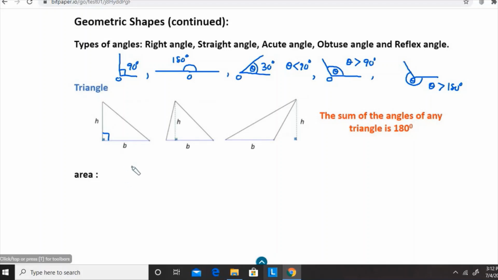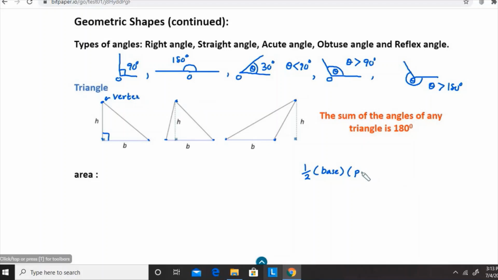The general formula for finding the area of a triangle is 1/2 multiplied by the base of the triangle multiplied by the perpendicular height drawn to the base from a vertex. A vertex is one of these points. Any of these points we can call vertices, or the singular form, vertex.